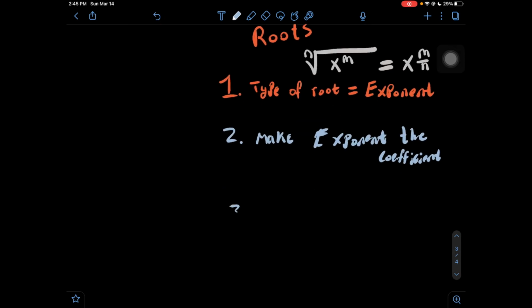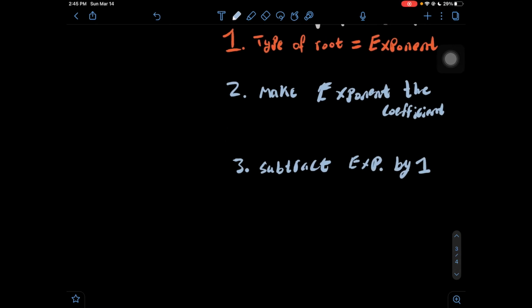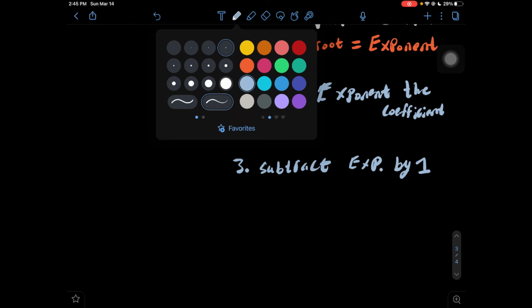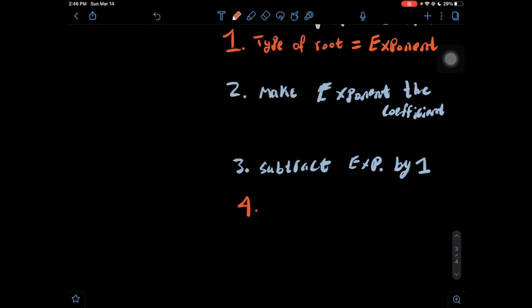Our third step is again the same: subtract the exponent by 1. Next, we have our fourth step, which says simplify when needed. And again, we'll see when this is used in our problem.